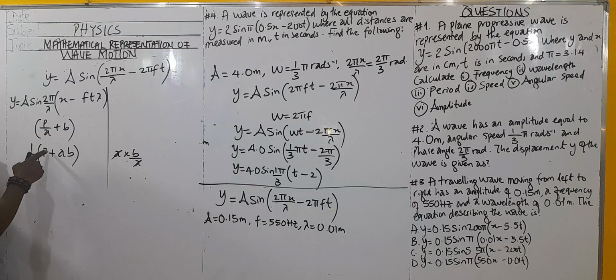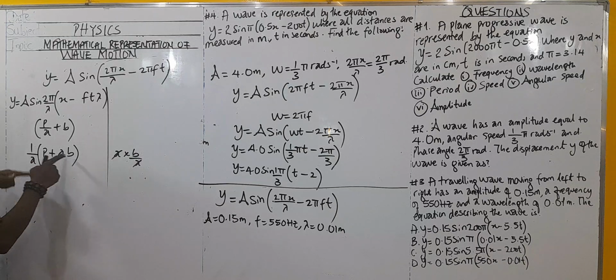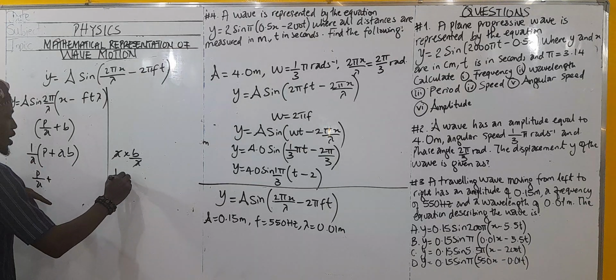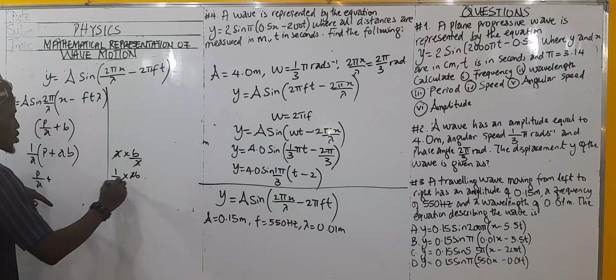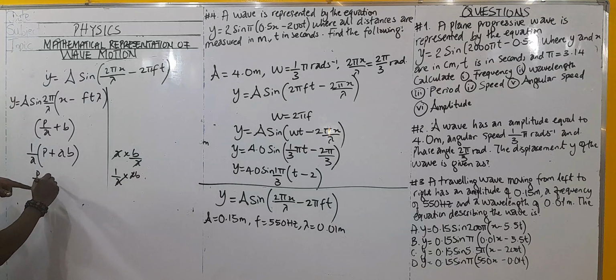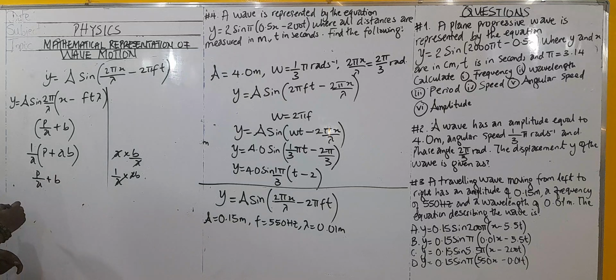So 1 over a times ap will be p, plus 1 over a times ab, the a cancels, and I will be left with b. This is just straightforward. Very, very straightforward. But this has returned back to this.